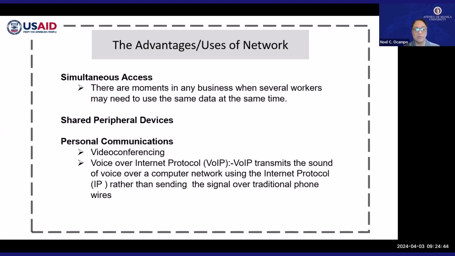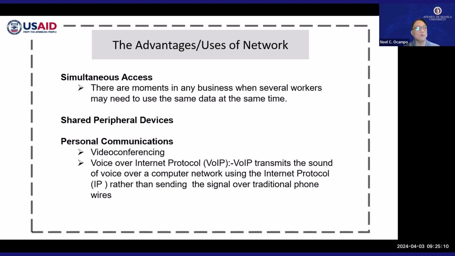And then, if we're connected to the network, we can also get rid of our standard telephone system, right? Right now, we're using voice over internet protocol. So if you have a laptop, you can have a soft phone application on your laptop, and at the same time, you can use that soft phone as your physical phone.